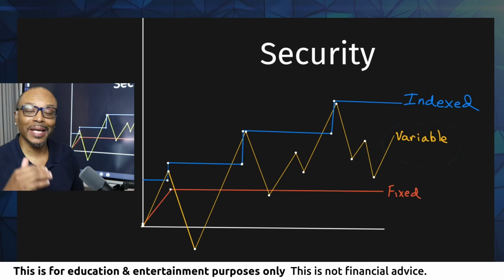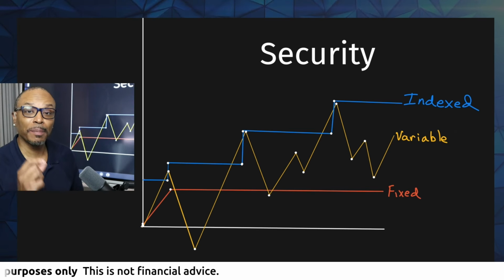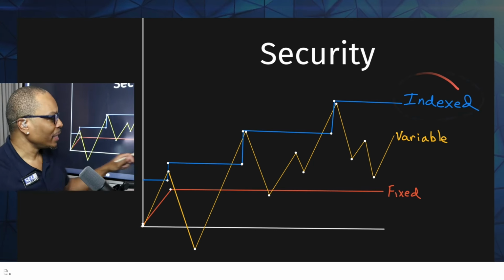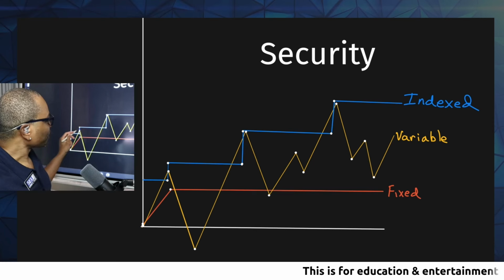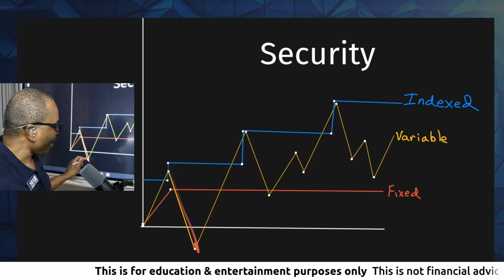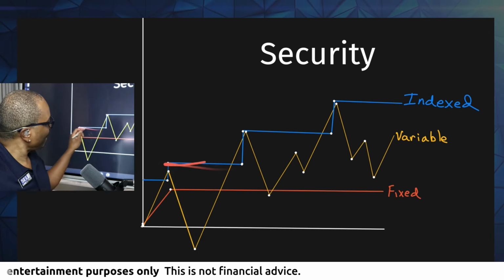But why are we using an IUL, an indexed universal life insurance policy? It's because of the 0% floor. What the indexed vehicle offers is the ability to not lose. So notice, if I made money with the market here and all of a sudden the market crashes, what happens inside of my policy is I get to keep what I've made.